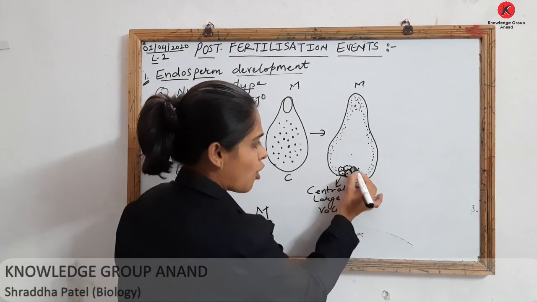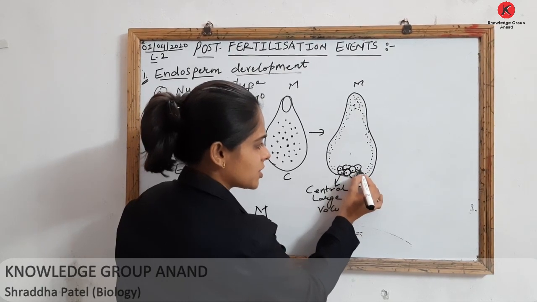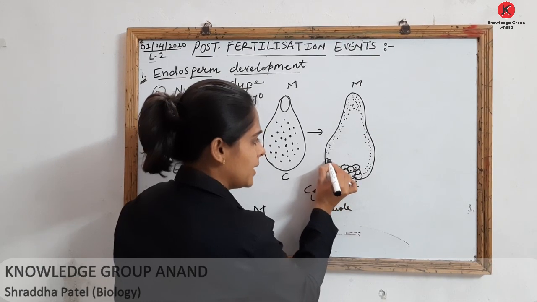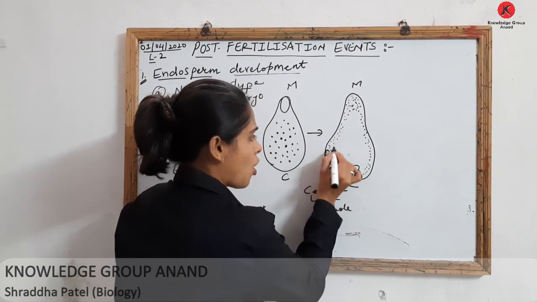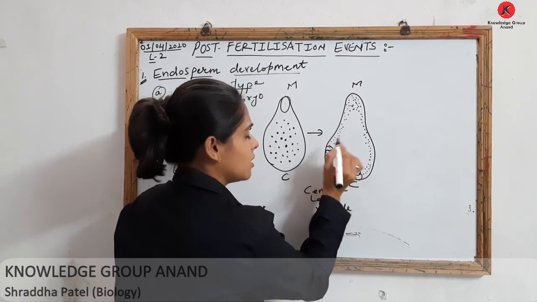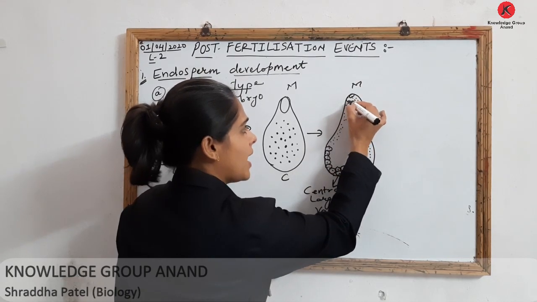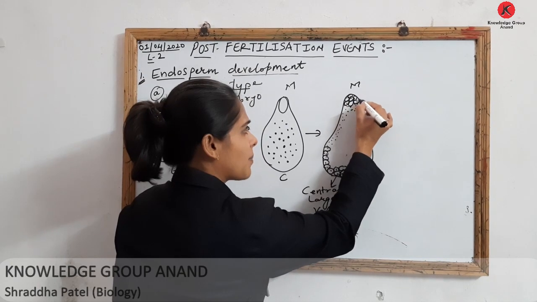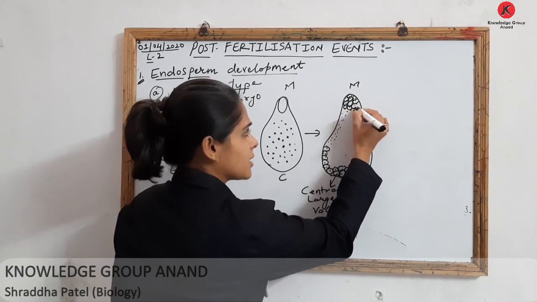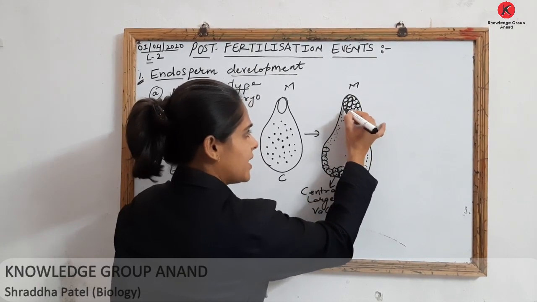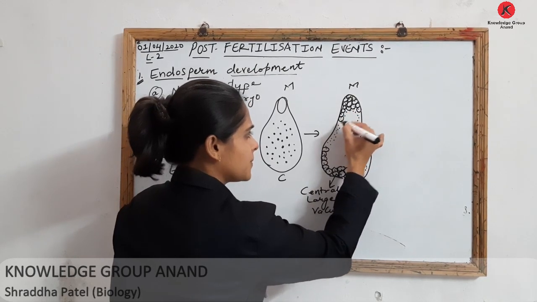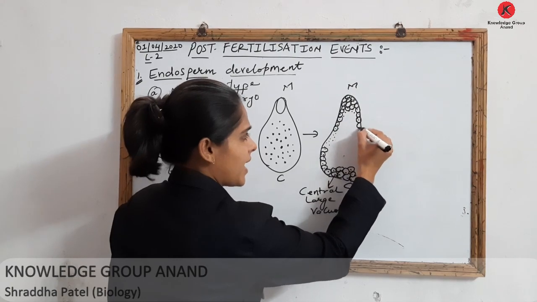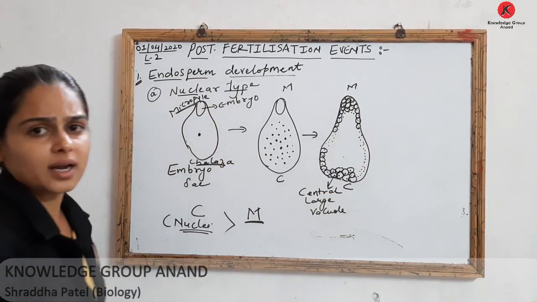Cell wall deposition. Can you see this? What will be around them? There will be deposition of cell wall. Am I clear? And the white portion of the coconut that you eat, that is your coconut cellular endosperm. What is that? That is your cellular endosperm.